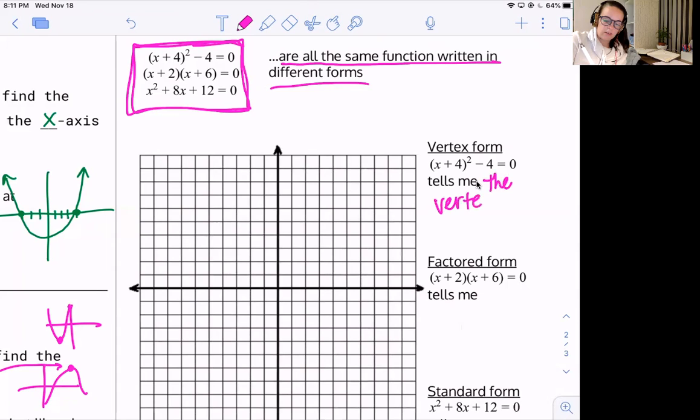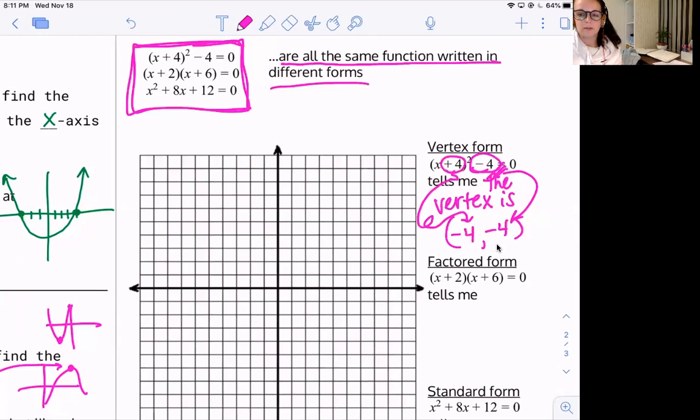Remember I'm going to flip this one. So I have positive 4 flips into negative 4. And I have negative 4 stays the same as negative 4. So one of my points is negative 4, comma negative 4. So I'm going to go out negative 1, 2, 3, 4, down 1, 2, 3, 4. So that point right there, that is my vertex.